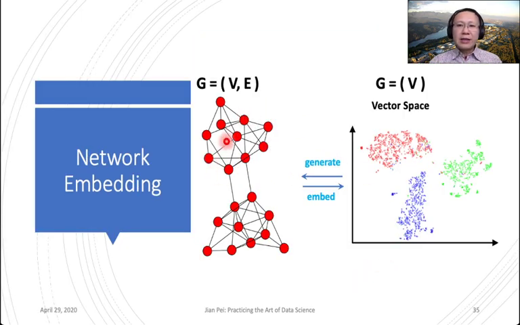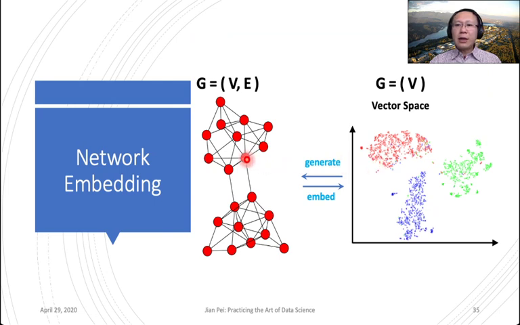To further understand what network embedding means, consider these graphs. We try to map a graph from the graph representation to the vector space representation so that the nodes belonging to the same cluster will be mapped into positions in the vector space that are close to each other.